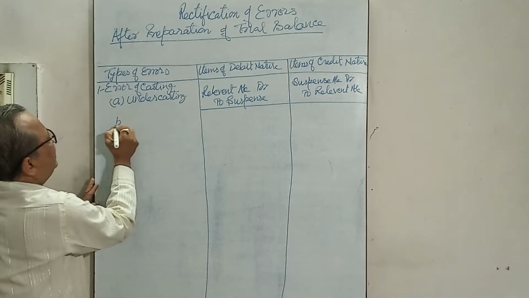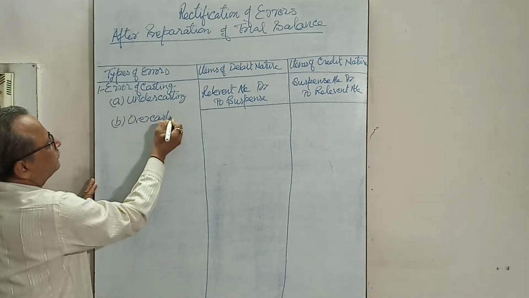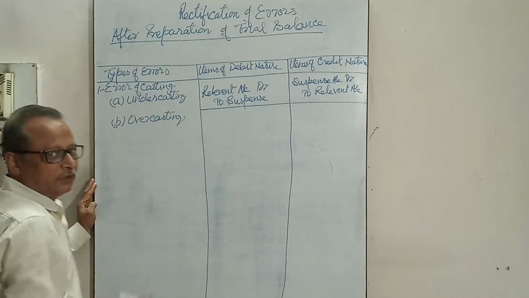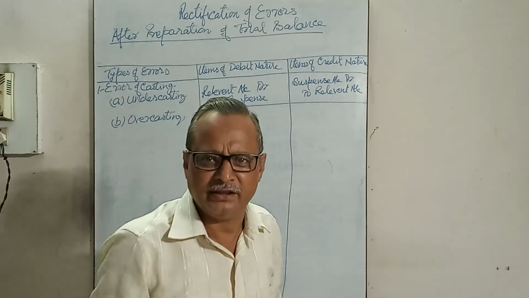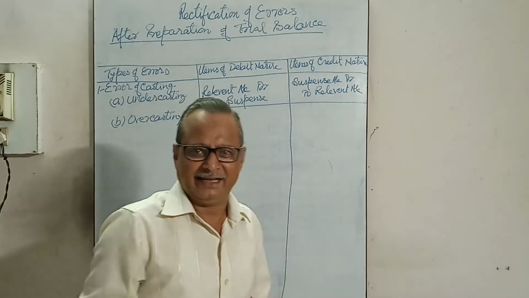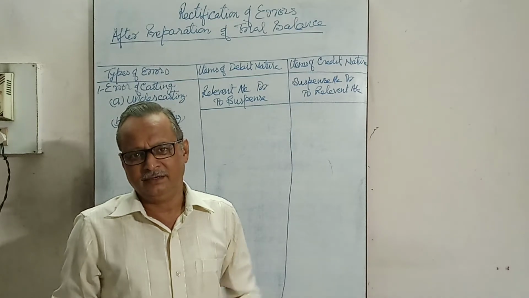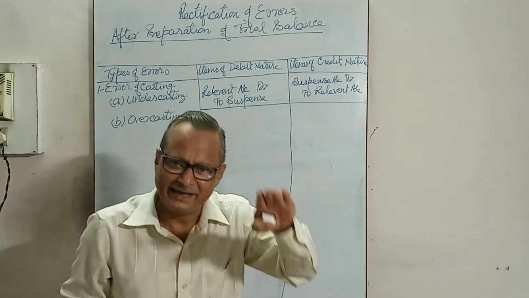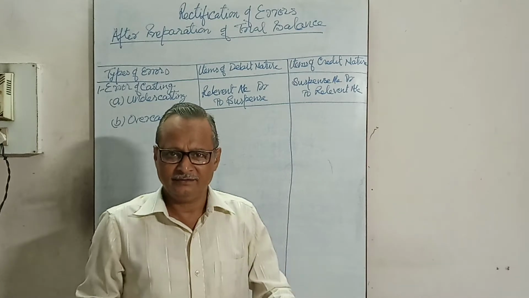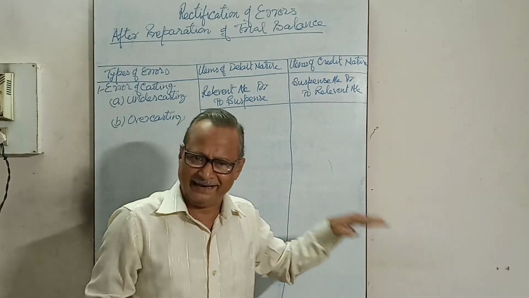Now B, overcast. It means that the total was overcasted either in the book or in the ledger. Excess total was made. Then, if it is a debit item, that should be reduced, and that debit item should be credited to bring it to the actual amount or balance.